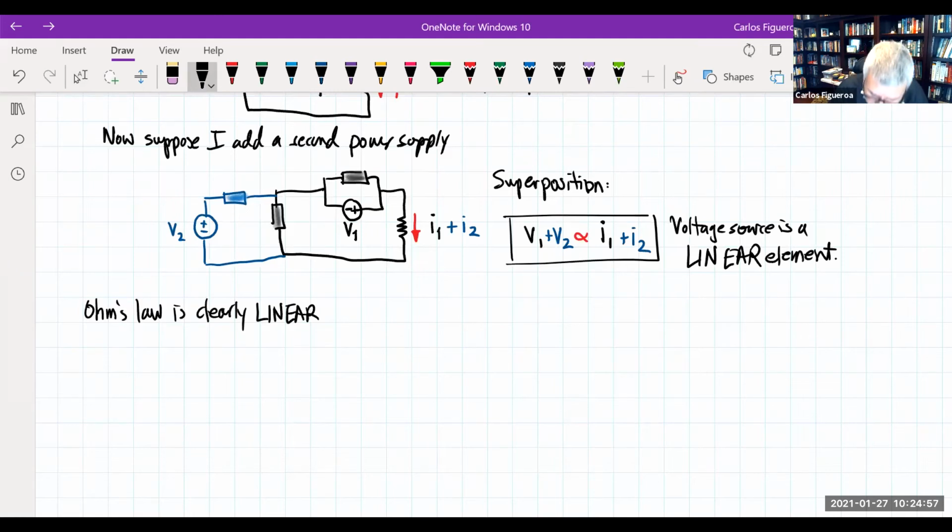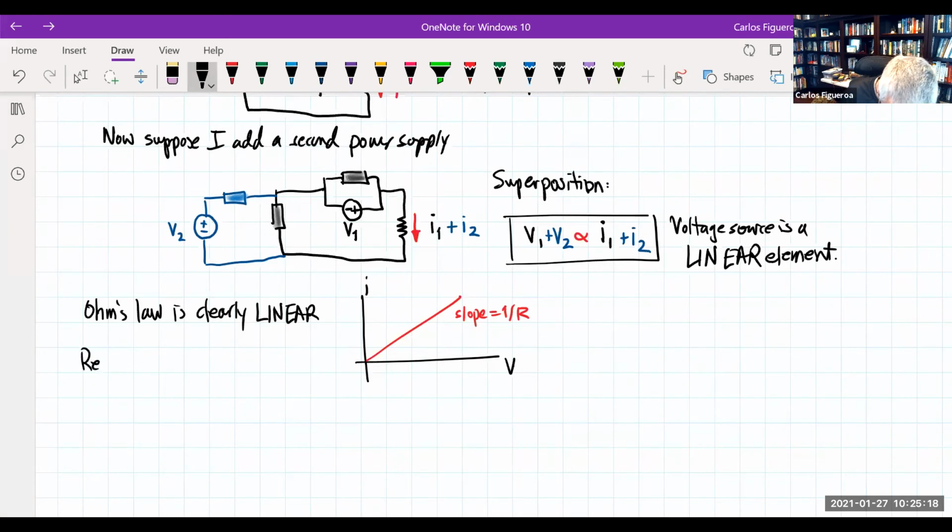If you plot current for a resistor, it's linear. We know that slope is equal to 1 over R. That's a linear line. So when I talk about Ohm's law, we could say that resistors are linear and passive.